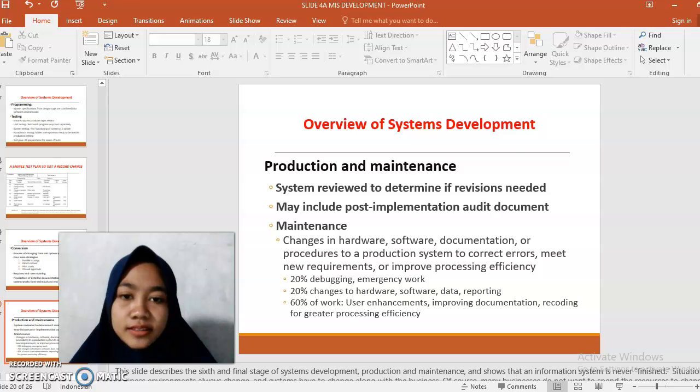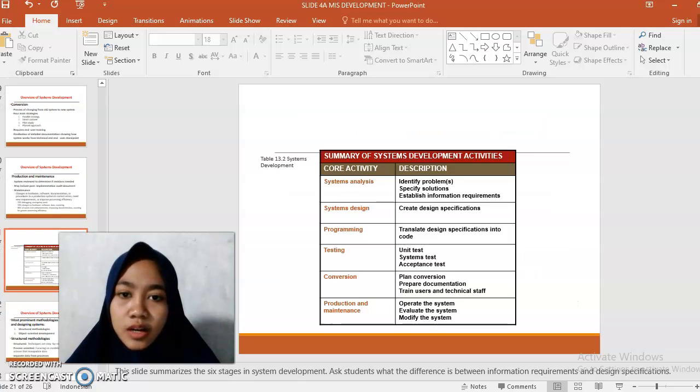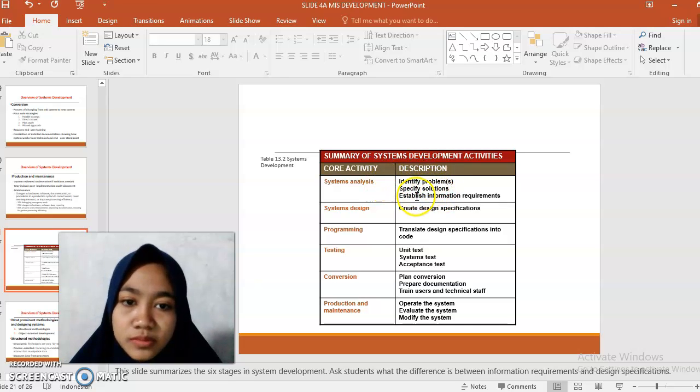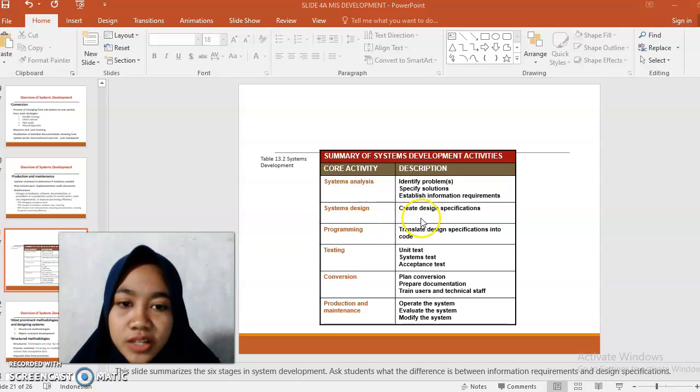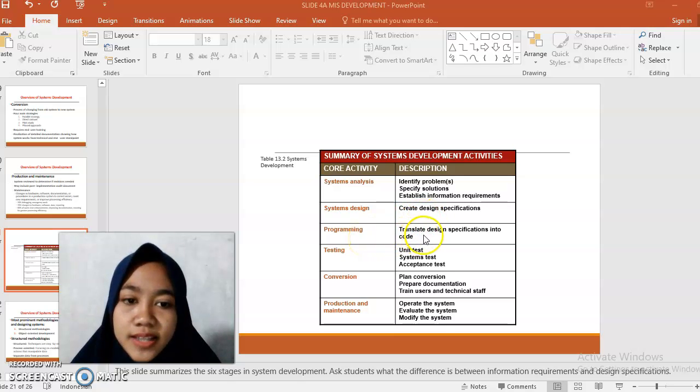The next slide is about a summary of system development activities. System analysis: identify the problem, specify the solution, and establish information requirements. System design: create design specifications. Programming: translate design specifications into code.